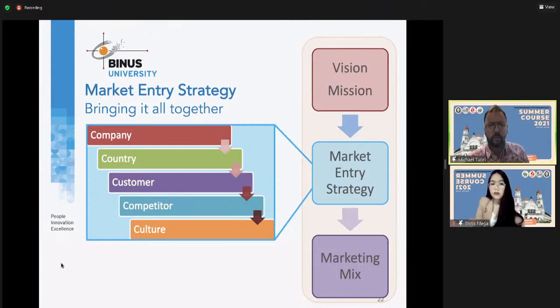When we think about culture, I think the idea is that the world is globalizing more and more, and a lot of people think that it's making the whole world a lot more similar. But in fact, the cultures are not really changing that much. So even though we're using the same products, maybe we use an iPhone in the US or in Indonesia, we're using social media, but we're using them in different ways.